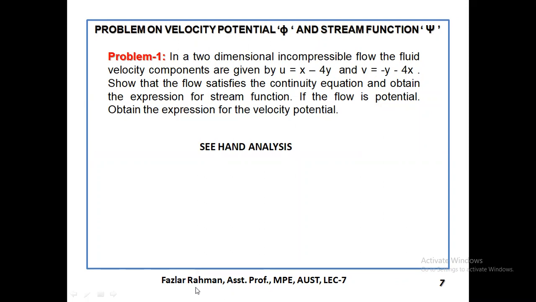That means you need to figure out the psi function, the stream function, and also you need to figure out the phi. The magnitude of u is given in terms of x and y, v is given in terms of x and y. And it says you need to show it satisfies the continuity equation.